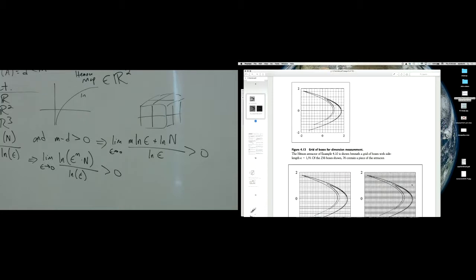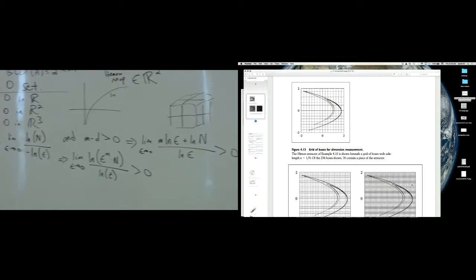Well, one nice thing, if epsilon is going to 0, then epsilon to the m, where m is an integer, that should go to 0 faster, don't you think? All right. Let's write some things down.